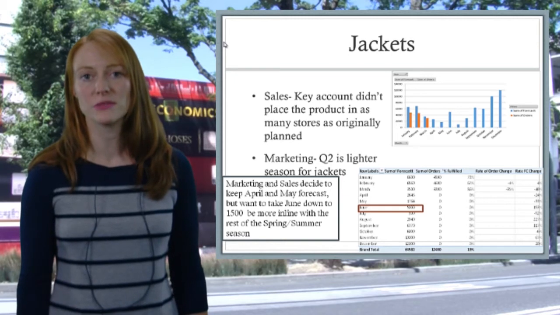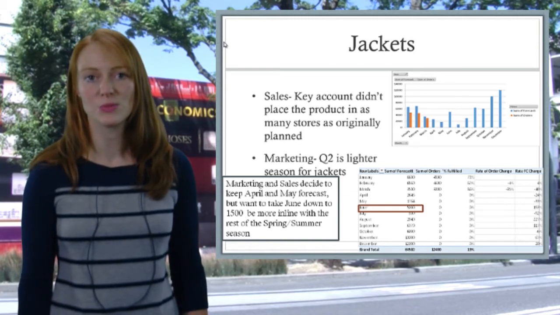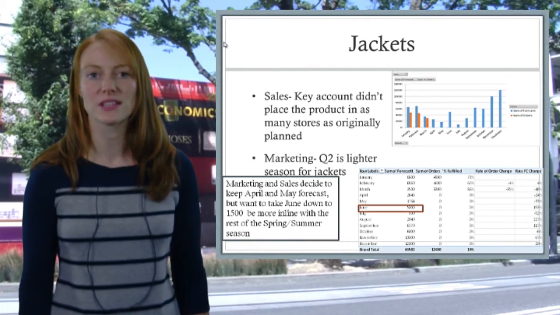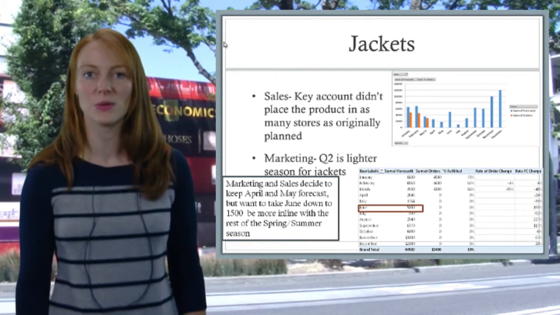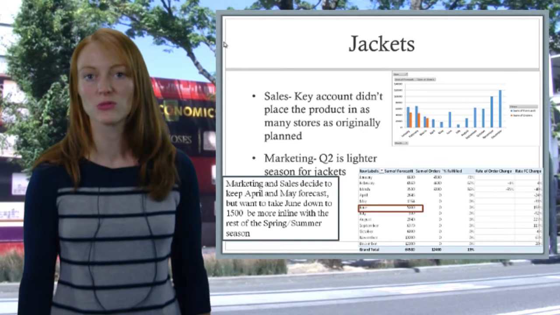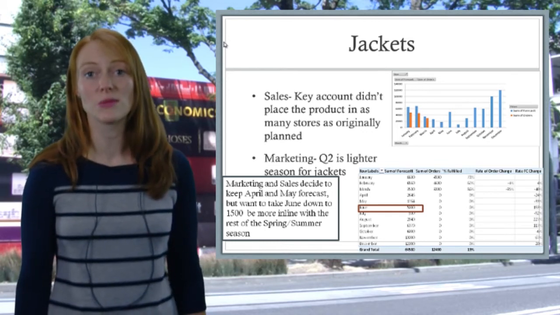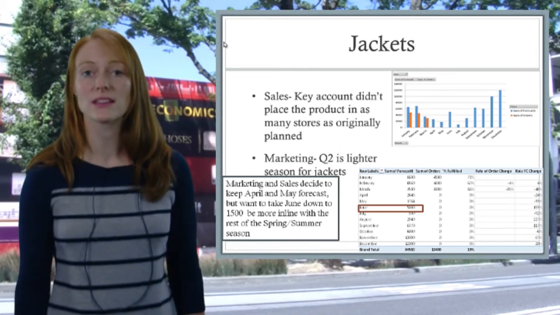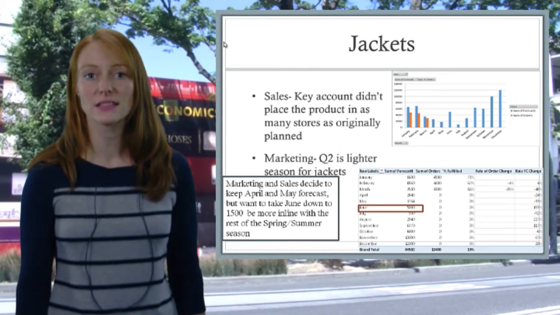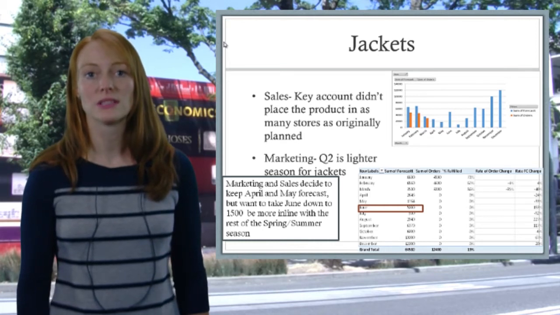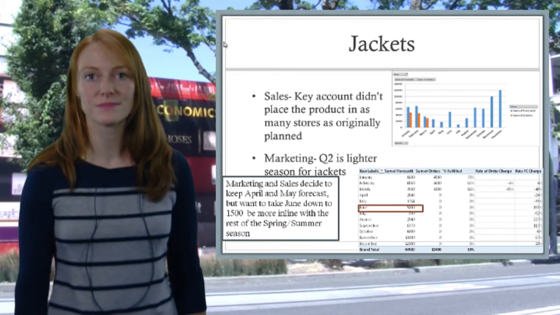So we probably want to reevaluate that June forecast down to be more about 1,500 or so, to be more in line with the rest of our forecast, going through that seasonality curve for running jackets. So that'll be the decision that we make to change. We'll hold April and May forecast constant because we're already declining, and then we'll have June go down to be 1,500.